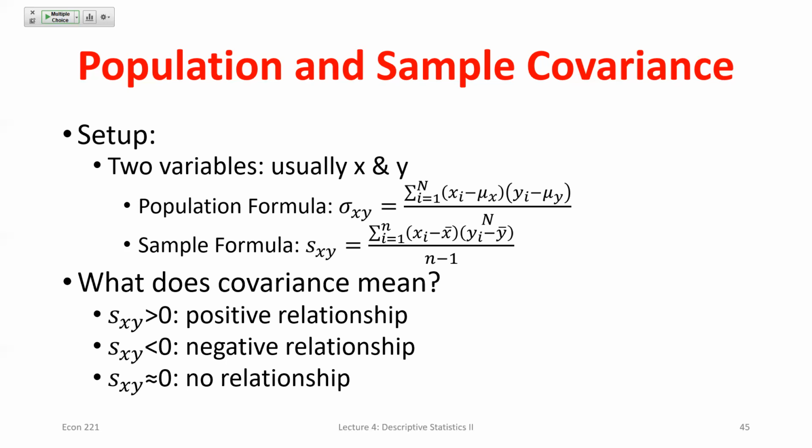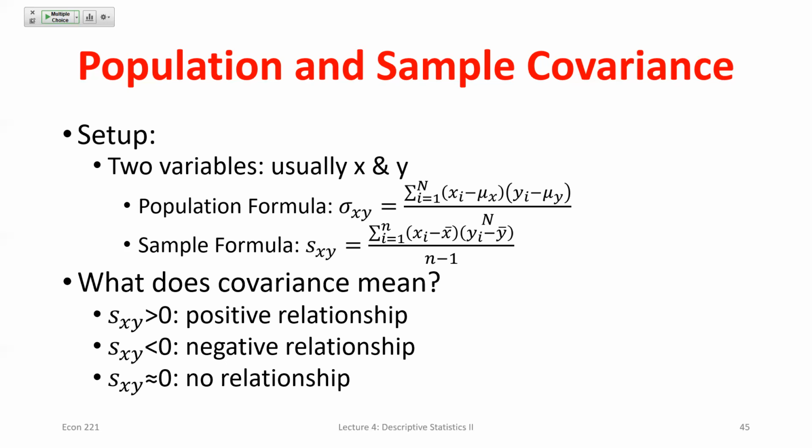So before we get to the numbers, I'll try to give a little bit of insight as to what this formula is capturing. Anytime I'm looking at an observation, and let's say we're doing years of education and income, so X is years of education, Y is income.